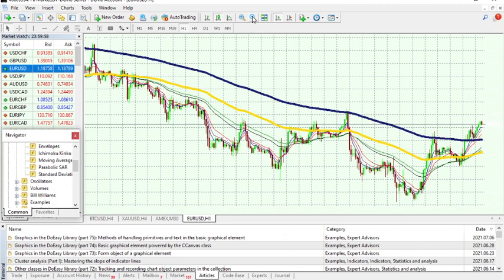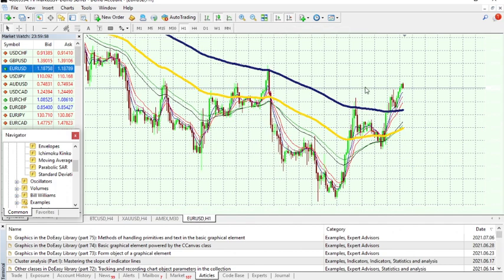Remember that this is the 1 hour, but looking at this now, what is this market telling you? That automatically it is in a downtrend, which has crossed on top of the 200 moving average, and it is turning bullish.